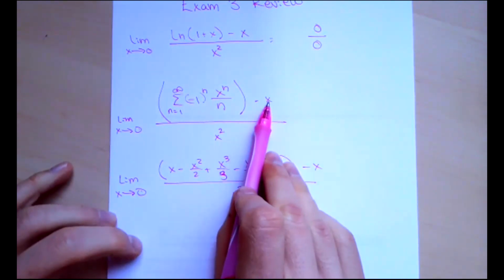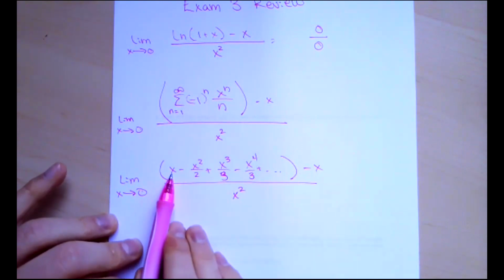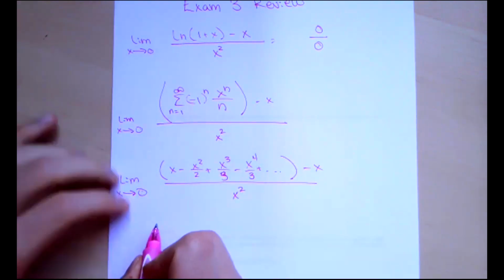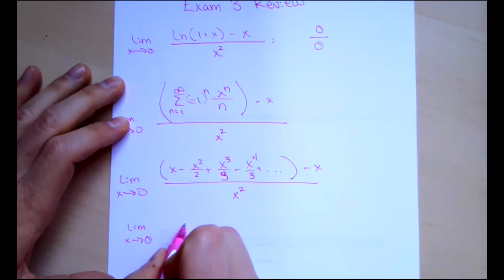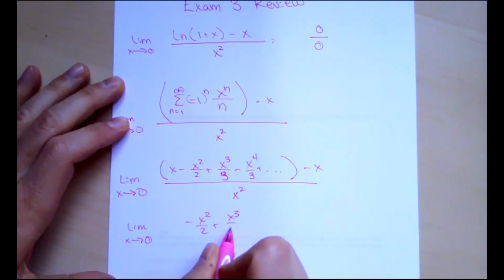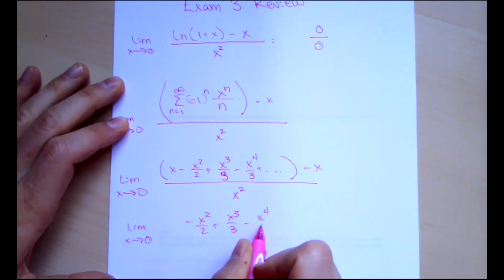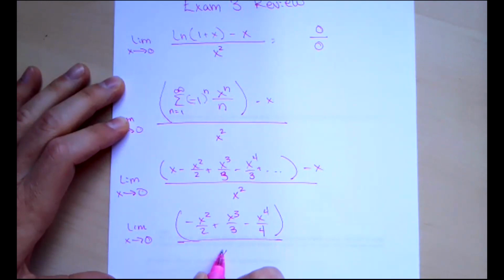And since we're only subtracting off an x and dividing by an x squared, the algebraic manipulations are fairly easy. So the x is going to cancel this first term here. So we'll have minus x squared over 2 plus x cubed over 3 minus x to the 4 over 4. And then I've got to divide each of those by x squared.